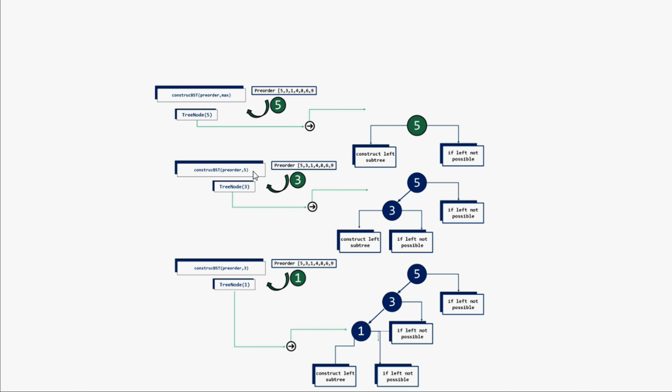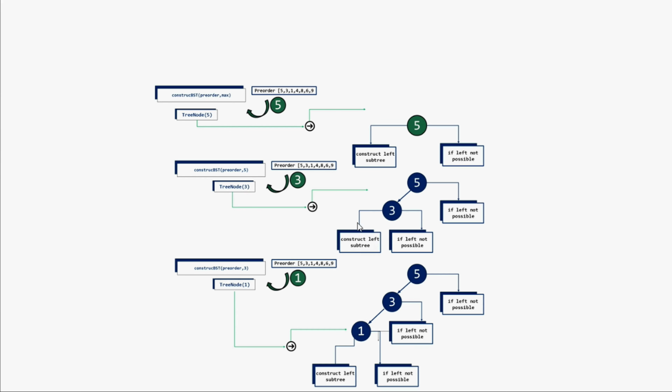So we call construct BST with the next element 3 from the preorder array and the boundary 5, which is the root node value. Since 3 is less than 5, it qualifies to be in the left subtree of root node. So we create a node with value 3 and set it as the left child of root.